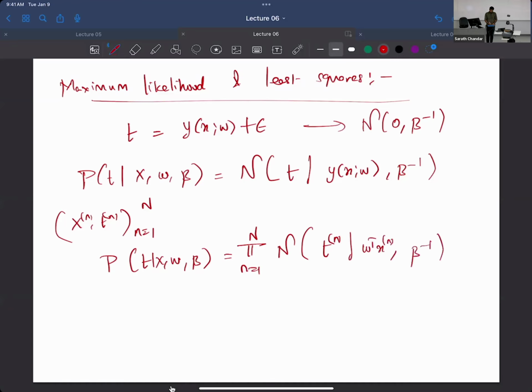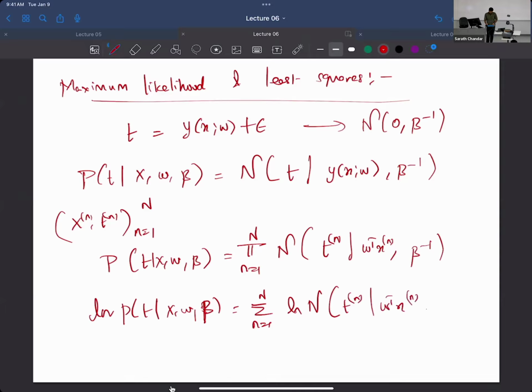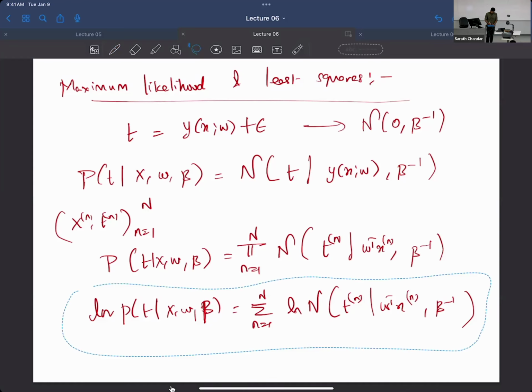So I can also compute ln P of t given x, w, beta as the summation over n equal to 1 to capital N of ln N of tn given w transpose xn, beta inverse.